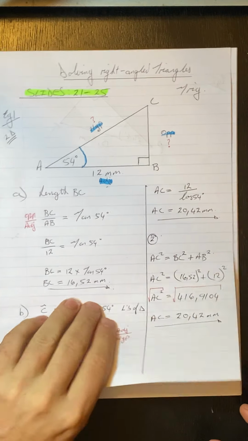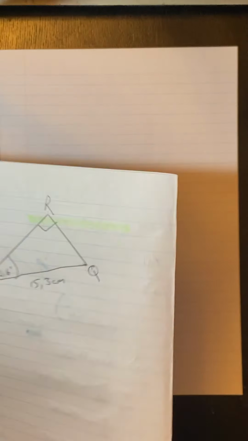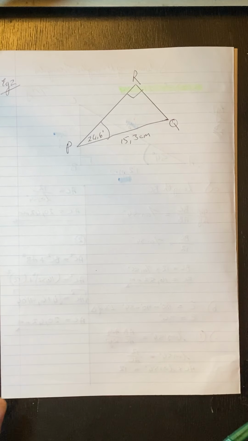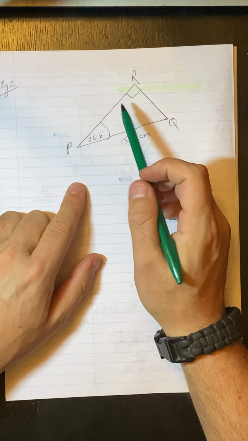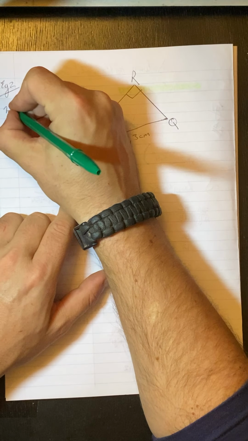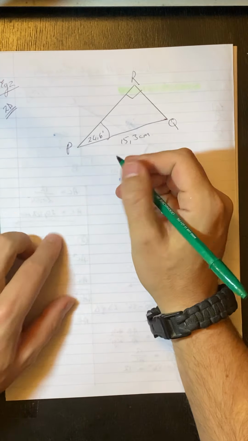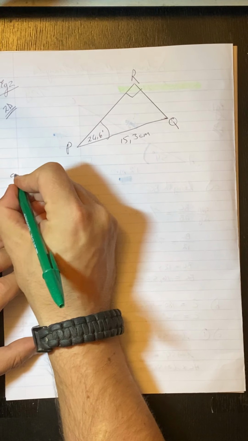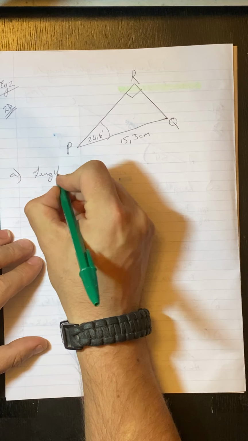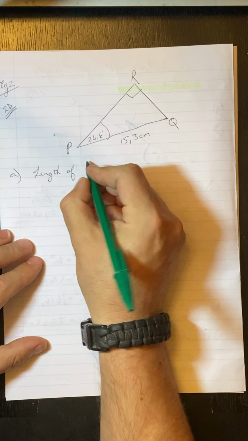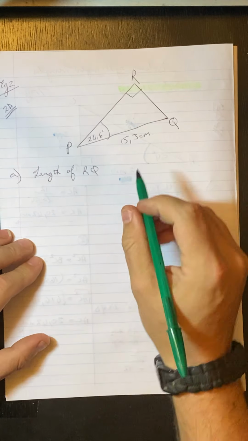Right, moving on to example 2. Example 2 is saying calculate correct to 2 decimal places. Question A, we want to find the length of RQ.